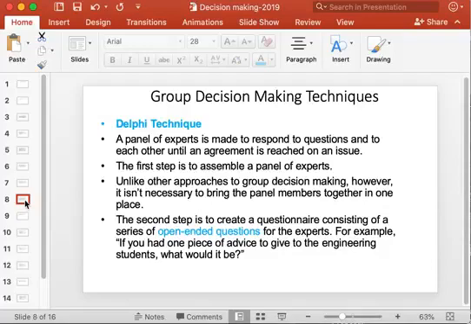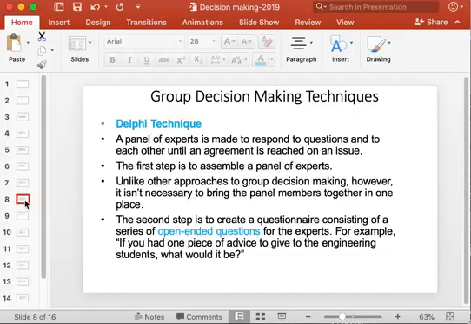Now, Delphi technique. In case of Delphi technique, a panel of experts is made to respond to questions and also to each other until an agreement is reached on an issue or a problem. The first step is to assemble a panel of experts.